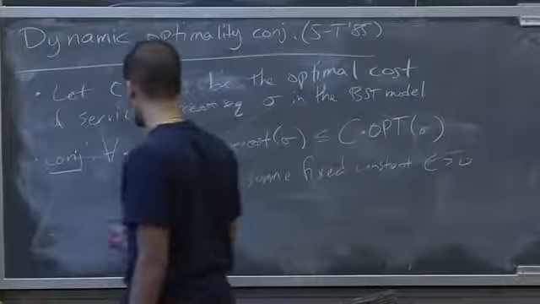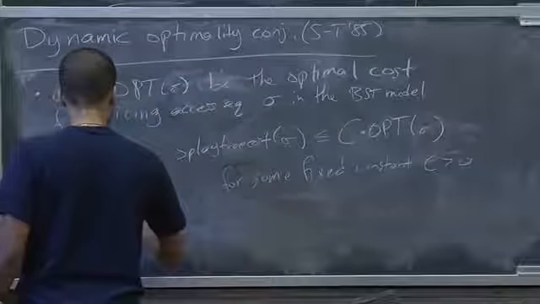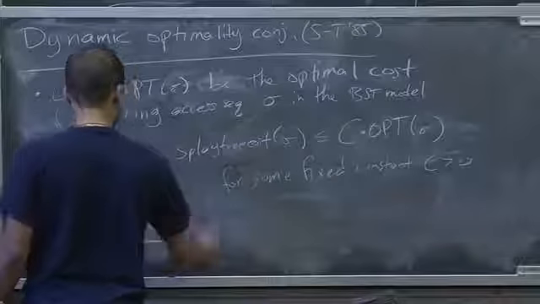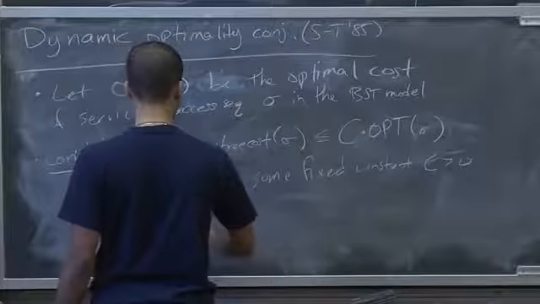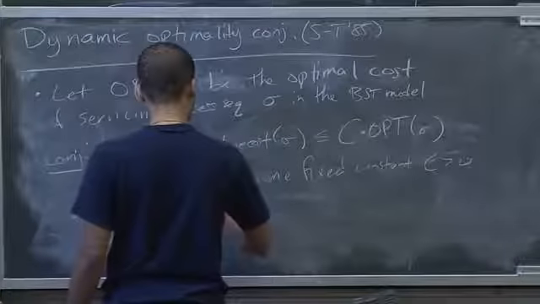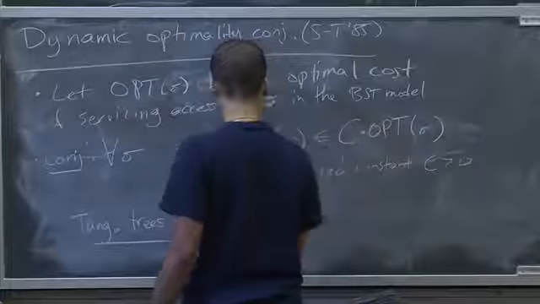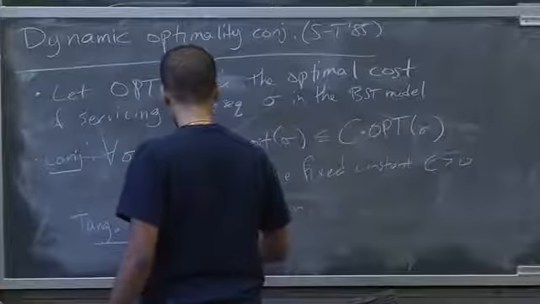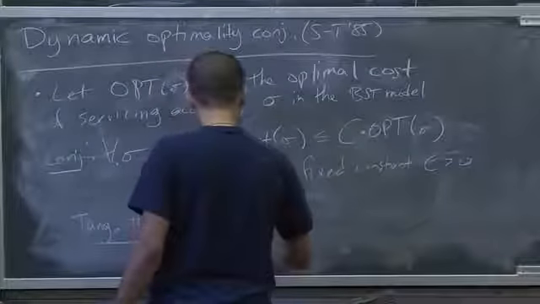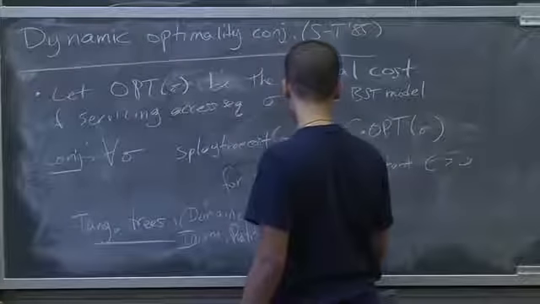There was a data structure, Tango trees. This is due to Demaine, Harmon, Iacono, and Patrascu. This is in 2004.